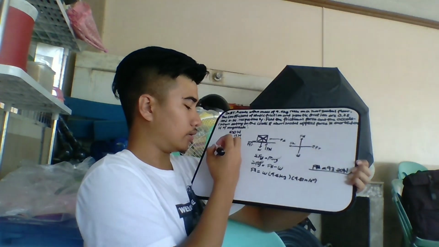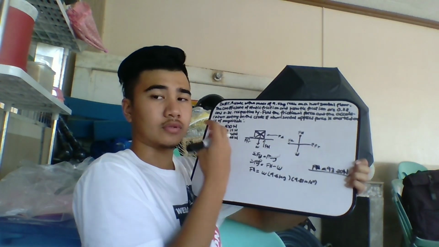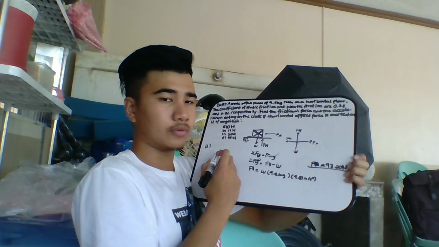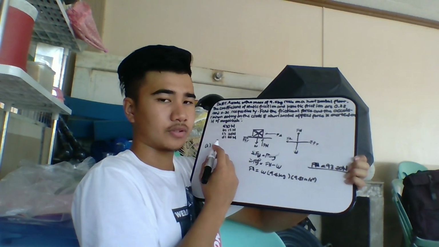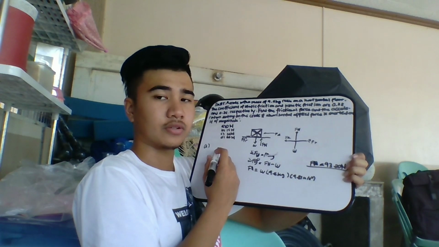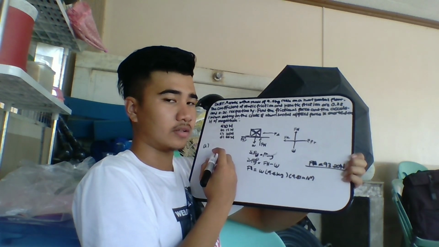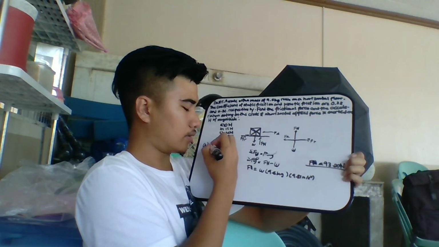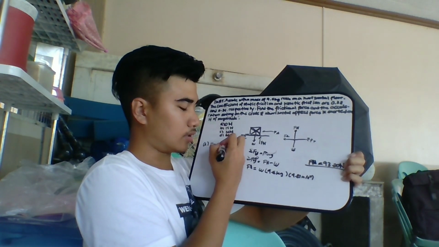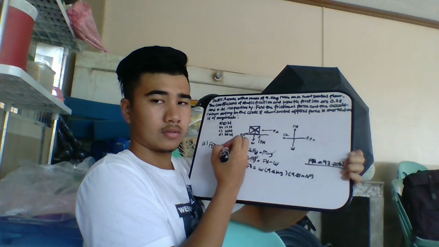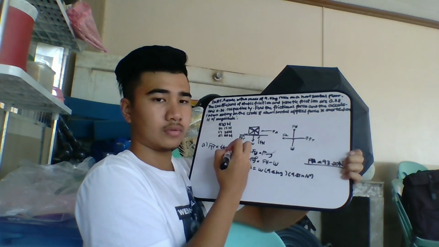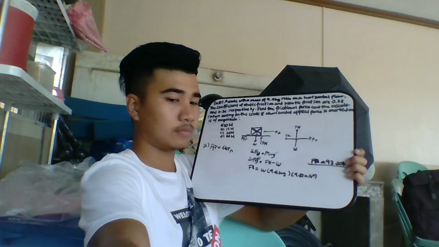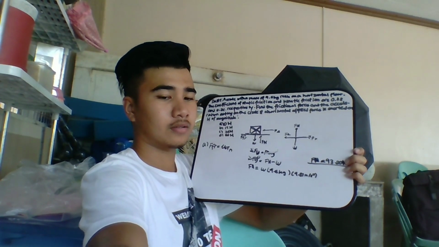For letter A, to solve the frictional force, i-assume muna natin na hindi pa nag-move yung crate. Therefore, it's a frictional force, hindi pa ito yung final frictional force. Ang magiging answer natin is just the frictional force caused by static friction. Dahil hindi pa nga gumagalaw, wala pang motion. Kaya static friction muna ang gagamitin natin.